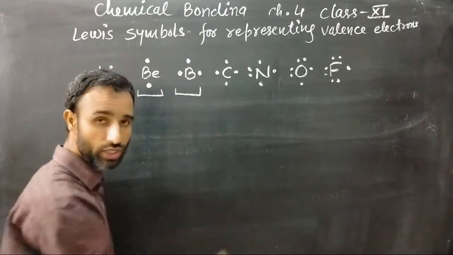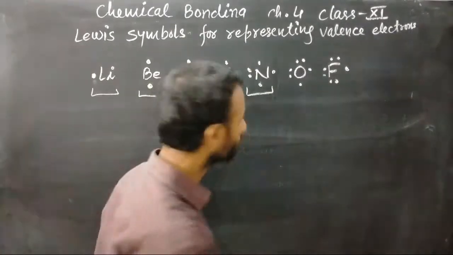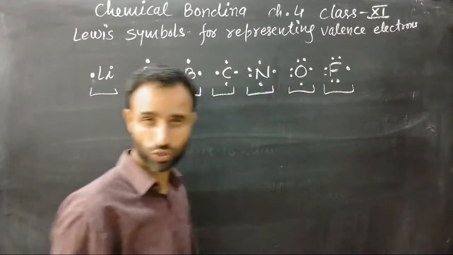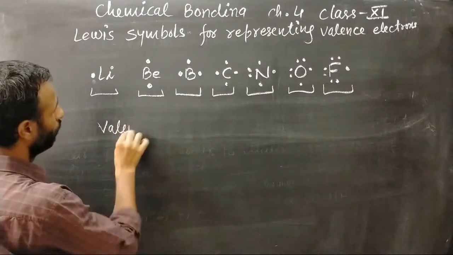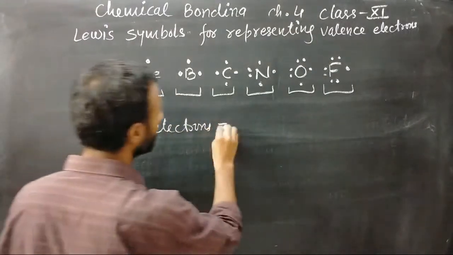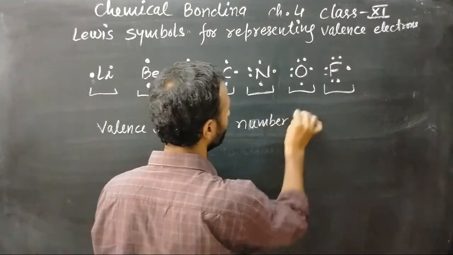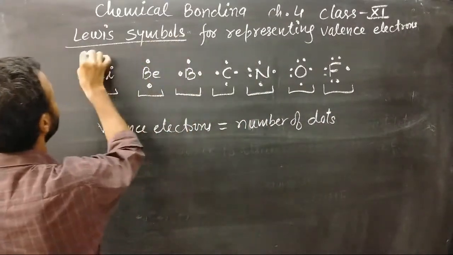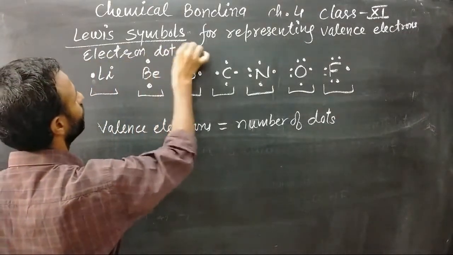Boron with three dots, carbon with four dots, nitrogen with five dots, oxygen with six dots, fluorine with seven dots. Okay, so these dots represent valence electrons. These are the Lewis symbols, and the number of valence electrons is equal to the number of dots. Also called Lewis symbols or electron dot symbols.